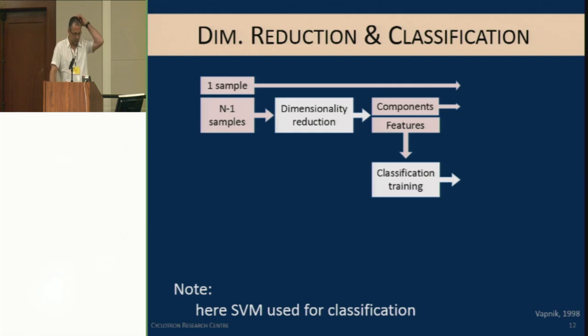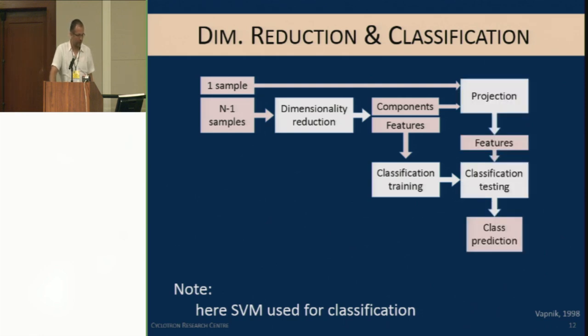So now how can you use that? Well, if we were using a leave-one-out cross-validation, we split, and then you can do your dimensionality reduction on your training set. You end up with a bunch of components and features. Then you do your training on the features. And because you have fewer numbers, we're hoping that we get a more stable classification.